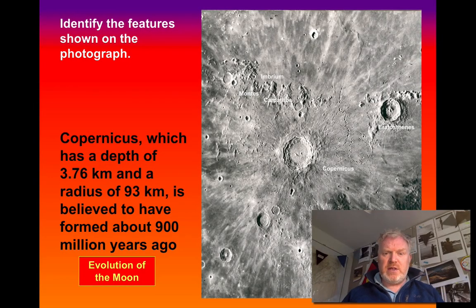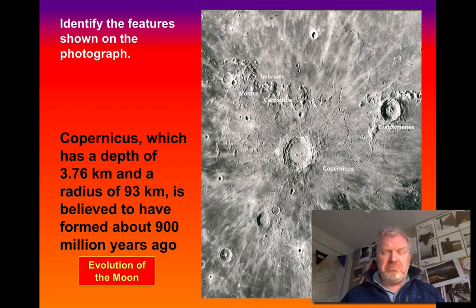When we look at this photograph, it's perhaps a good idea to get some idea of scale as well. If you look at Copernicus, the main crater in the middle of this image, it has a radius of 93 kilometres, so that's 186 kilometres across.